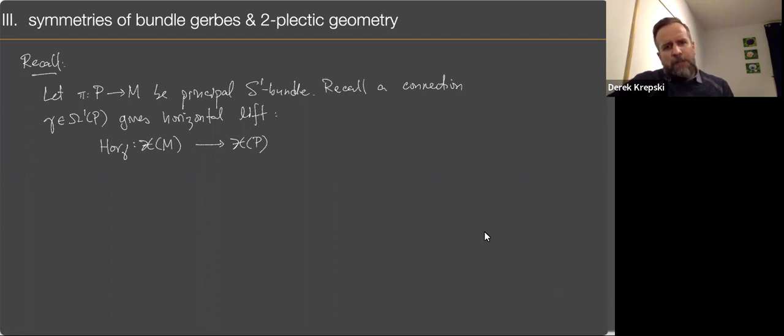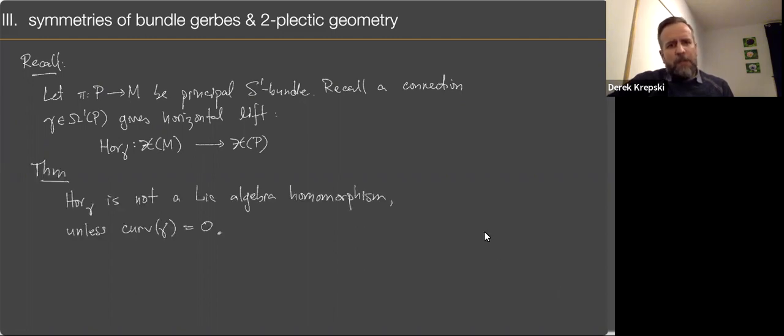But this lift need not be a Lie algebra homomorphism. It need not preserve brackets unless the curvature of the connection is 0. So that's one way to give an interpretation of what the curvature is: the curvature of this connection gamma is the failure of the horizontal lift to preserve the brackets. So it's not a Lie algebra homomorphism, unless the curvature is 0.